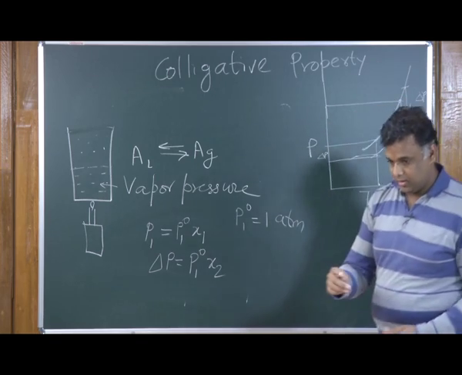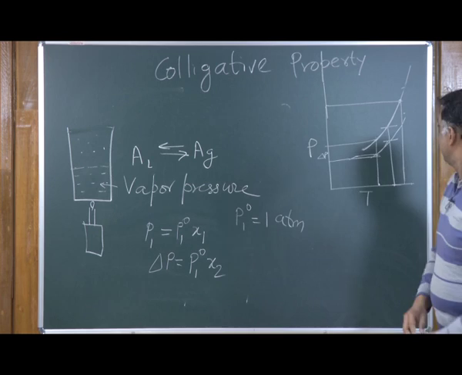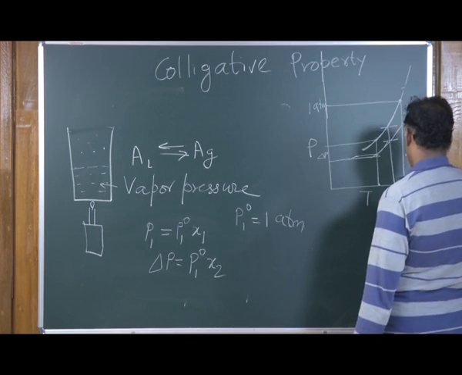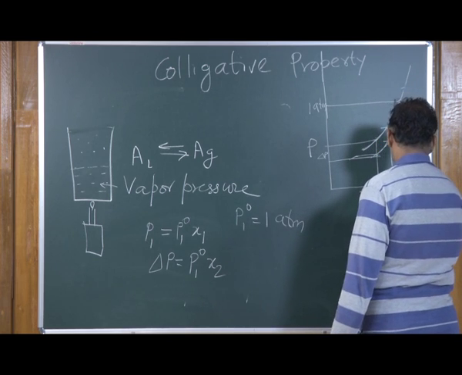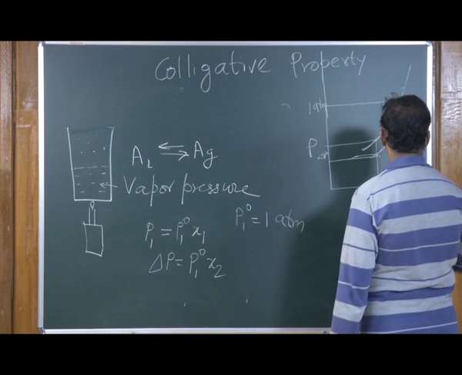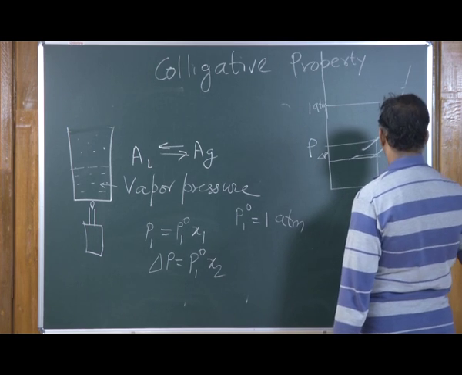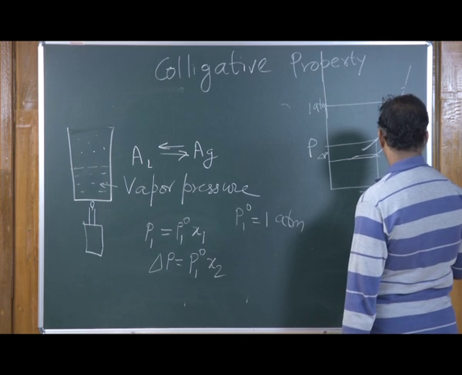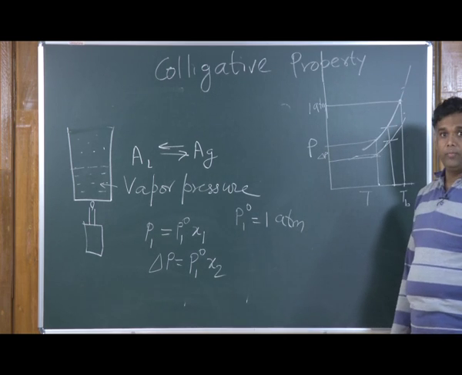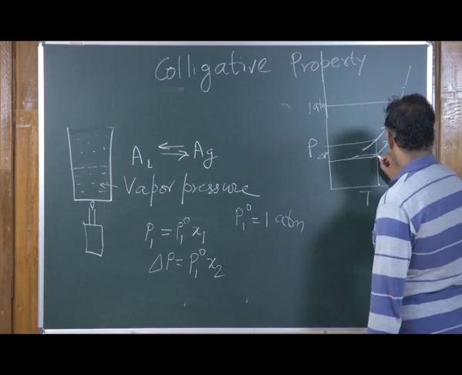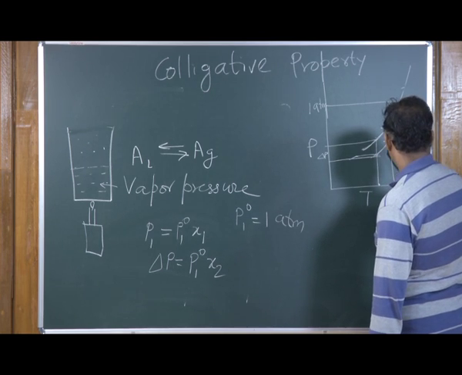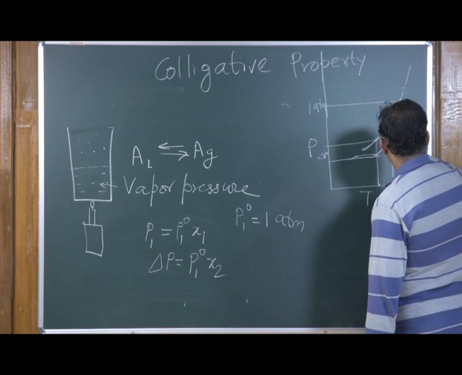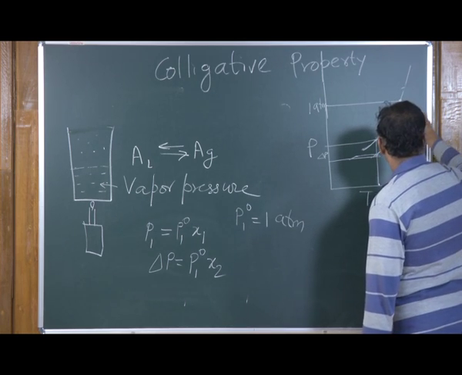So, let me clean this figure a little. This is 1 atm, this is the vapor pressure at this temperature, and at this temperature the vapor pressure is 1 atm, and this is the normal boiling point. Okay. Now, what would be the normal boiling point for the solution? The solution curve is this. This is the vapor pressure curve of the solution.